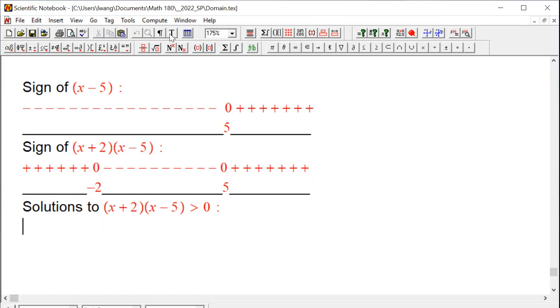So the solutions would be x less than -2 or x larger than 5. So that will be the solution. You can put them on the same row.